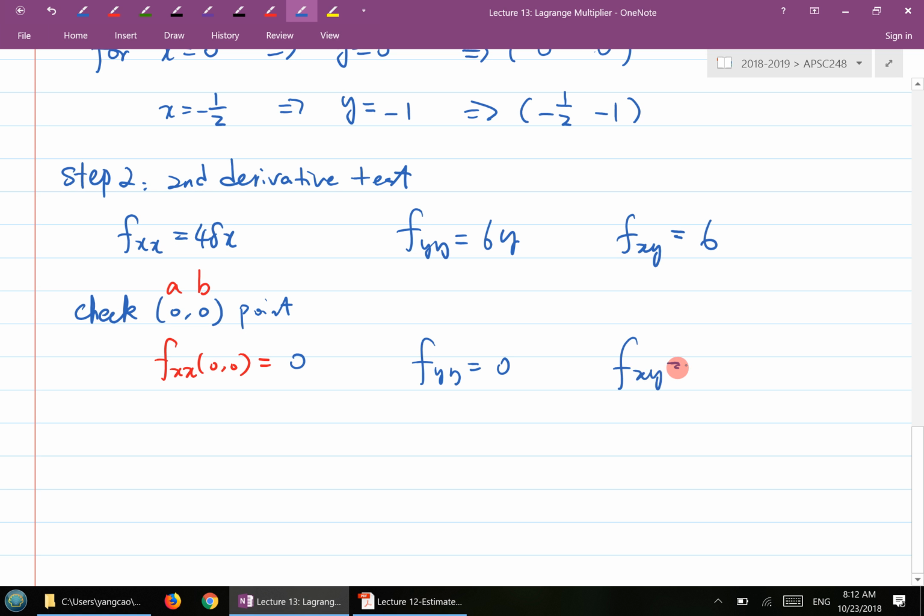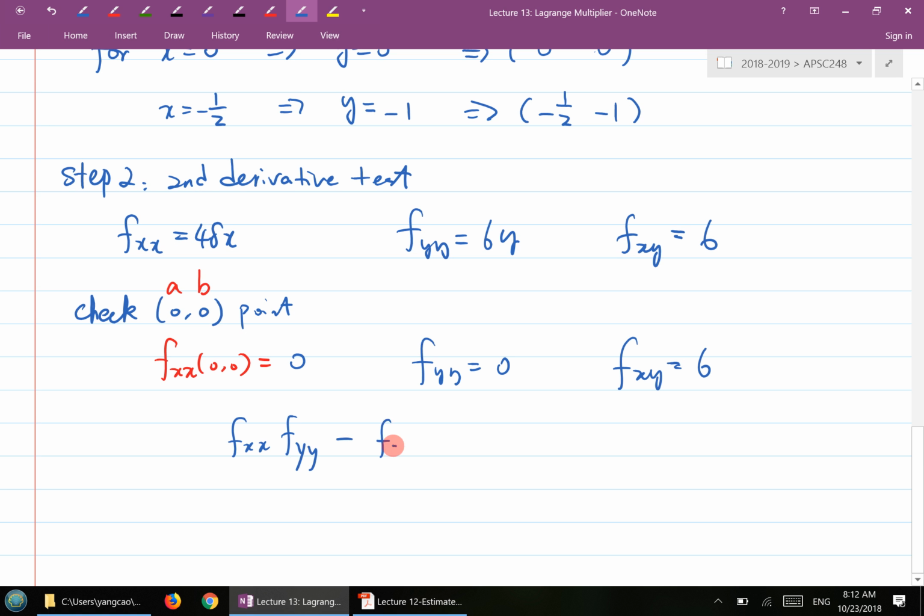And fxy doesn't matter, it's still 6. Okay, so now you have all 3 numbers, and it's time to match these numbers with the theory here. But I guess we need to do one more thing here. What is this value here?